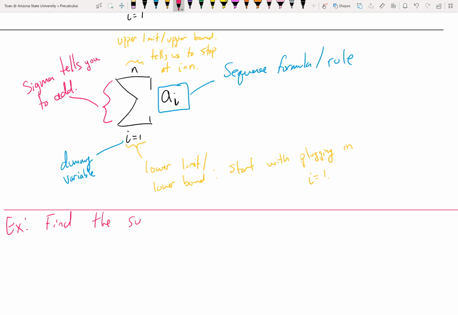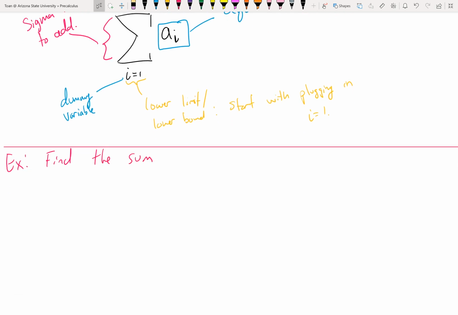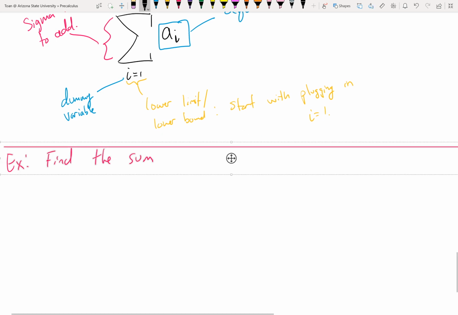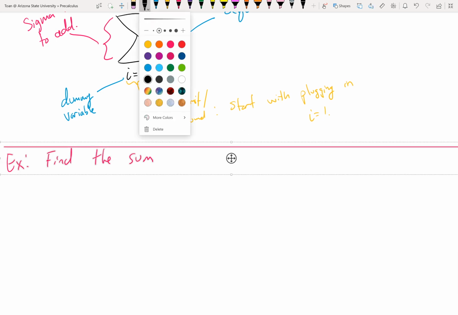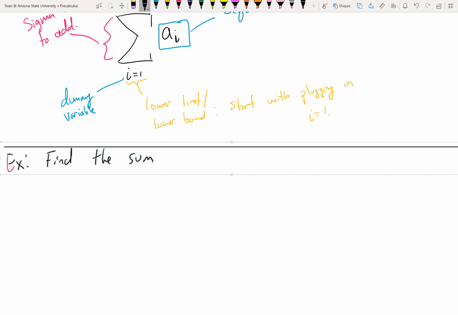Find the sum. Let's do letter A. Let's say I gave you a sigma, i equals 1 to 5 of i squared.